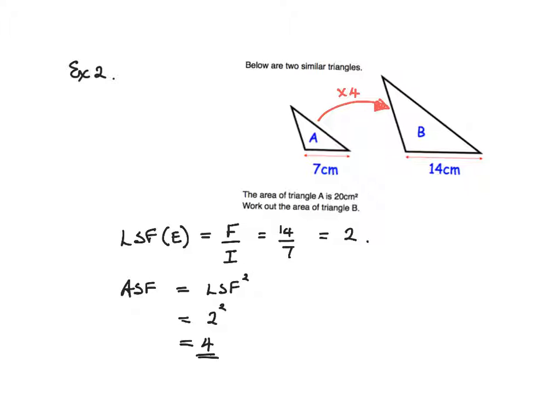So, proceeding then, we know that the area of the smaller triangle is 20 centimetres squared. So the area of B is 4 times 20, which gives us 80 centimetres squared.